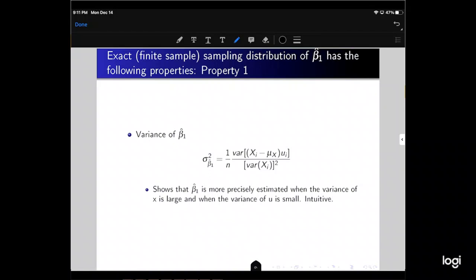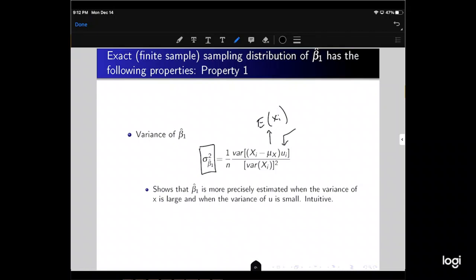The exact finite sampling distribution of beta hat 1 has the following properties. The variance of beta hat 1 is written as sigma squared beta hat 1. This thing is equal to 1 over n, where the numerator is the variance of xi minus its mean, so mu x is the expected value of xi, the population mean, times the ui.